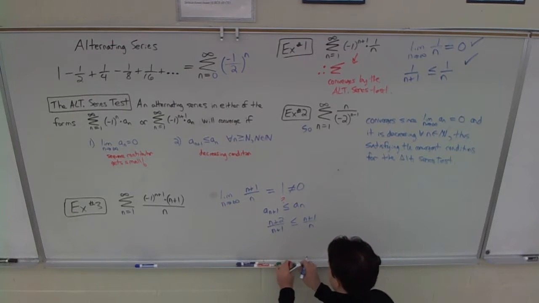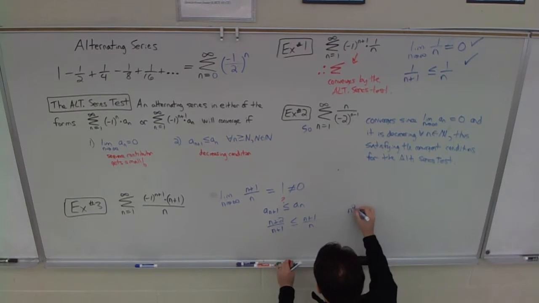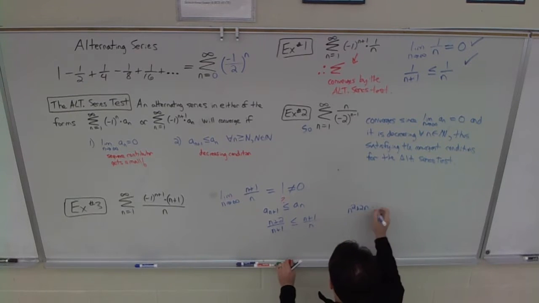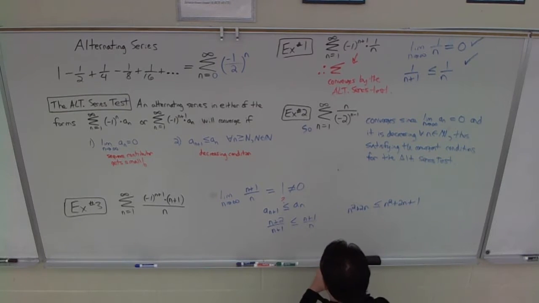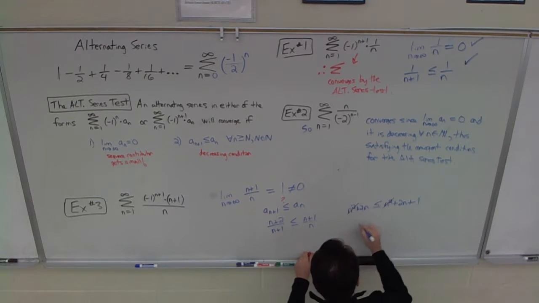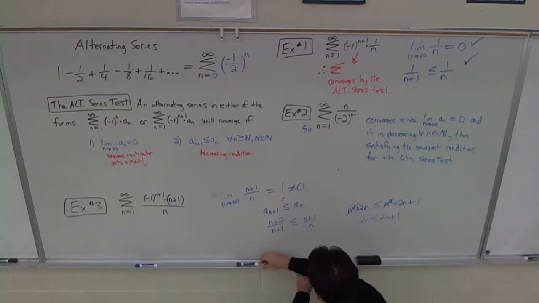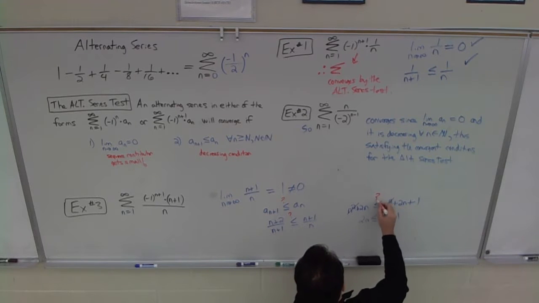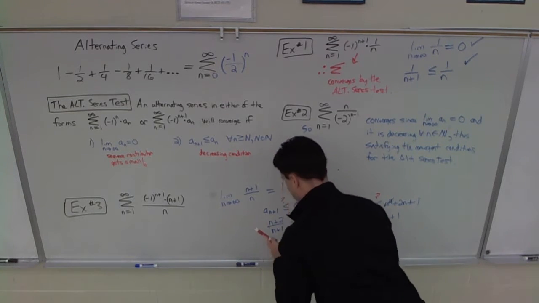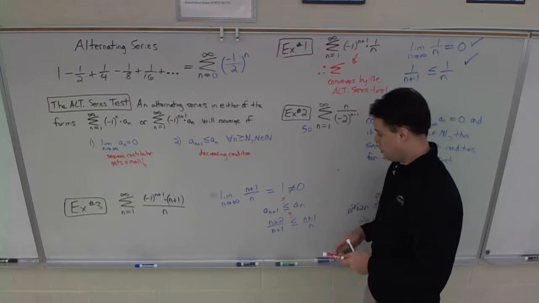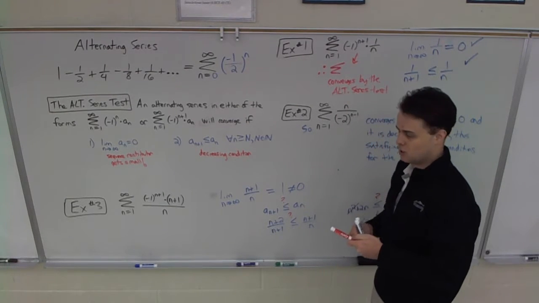Cross multiplying, we get n squared plus 2n over here, and over here n squared plus 2n plus 1. So I've got 2n is less than or equal to 2n plus 1. Here I'm sure that that is not true. So this is also not decreasing, so it radically fails both conditions of the alternating series test.